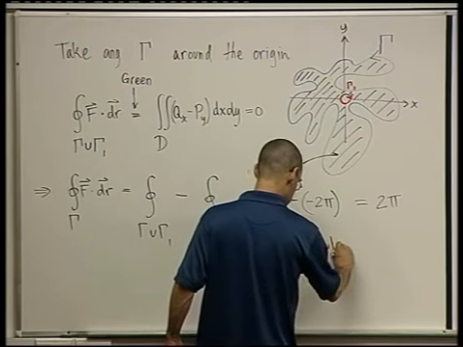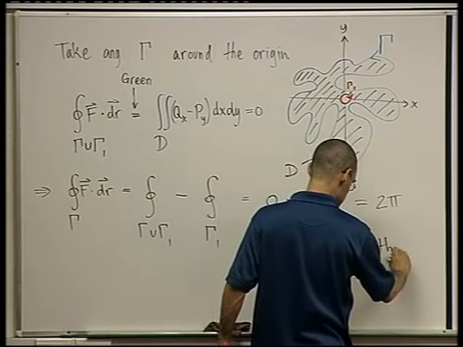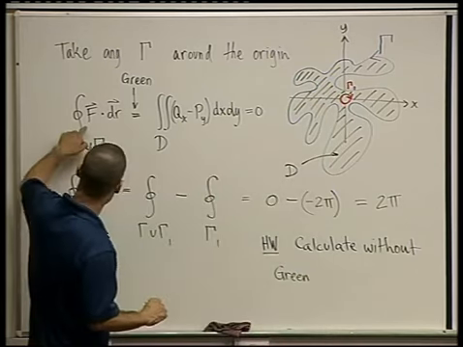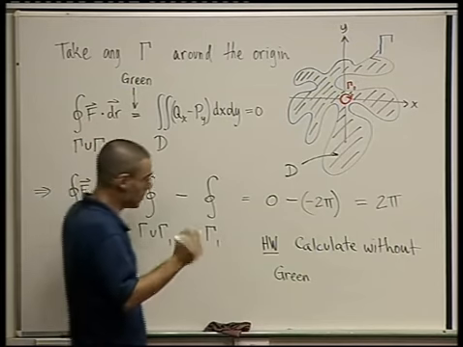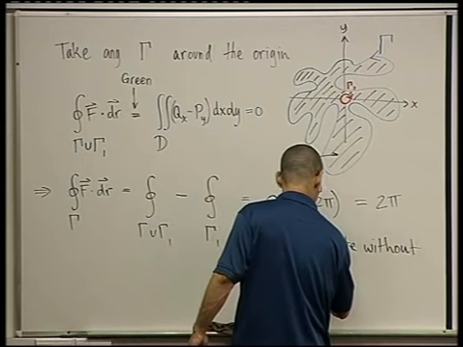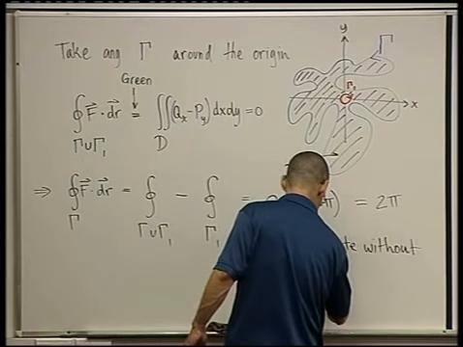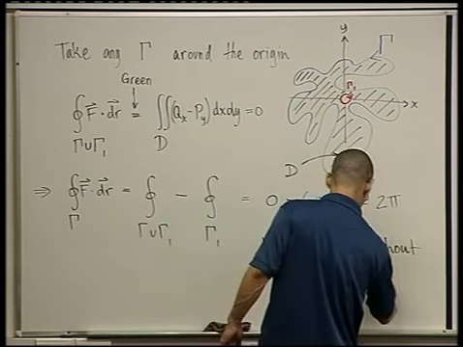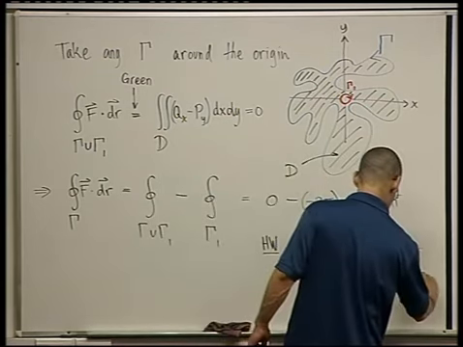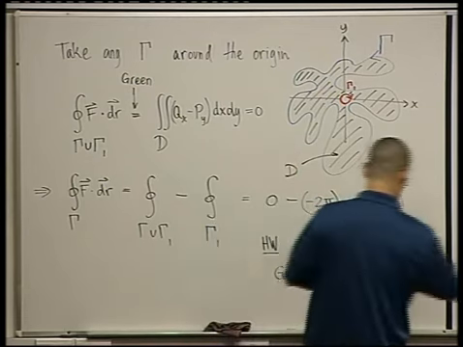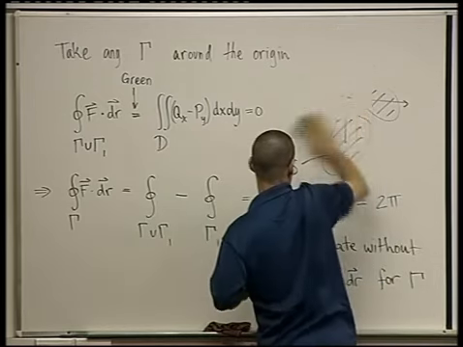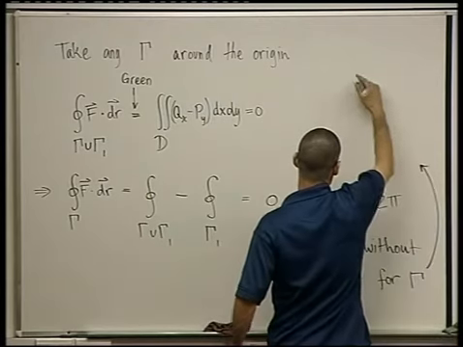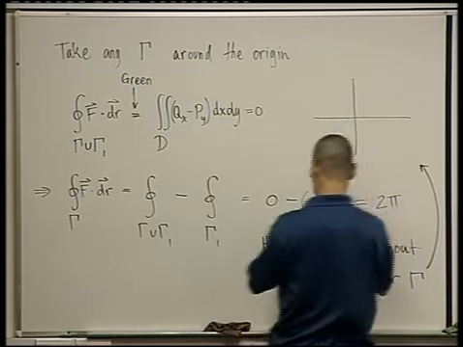Calculate without Green the line integral of f over gamma, this f, the f we're considering in this clip, for gamma, which is maybe, say something like this, maybe like a diamond shaped.